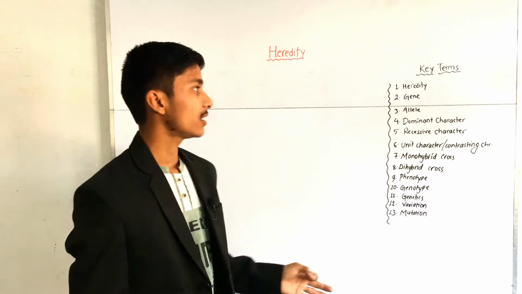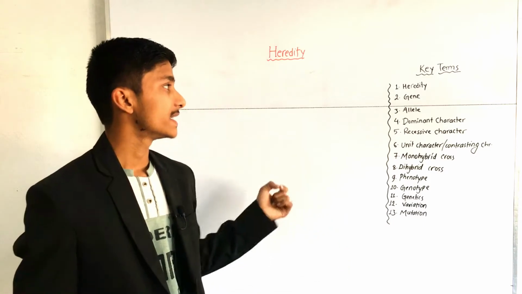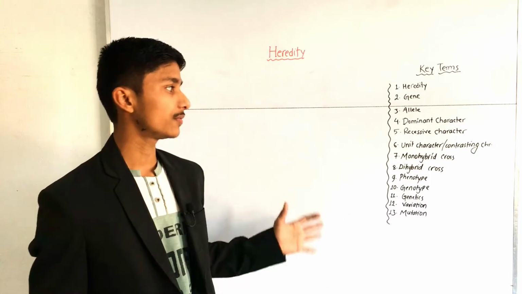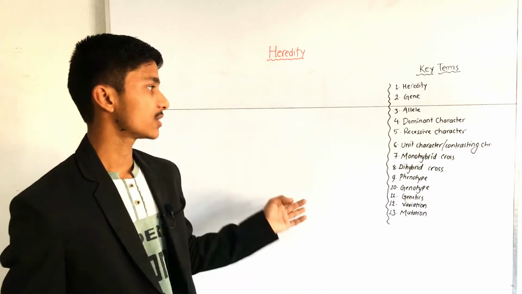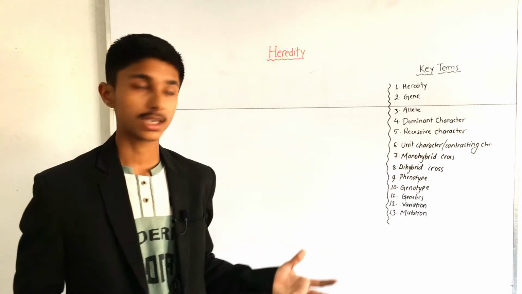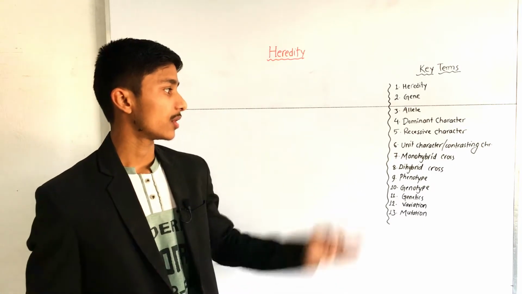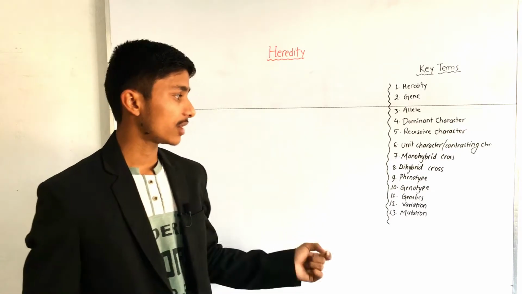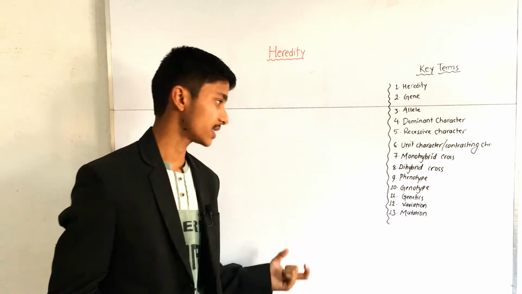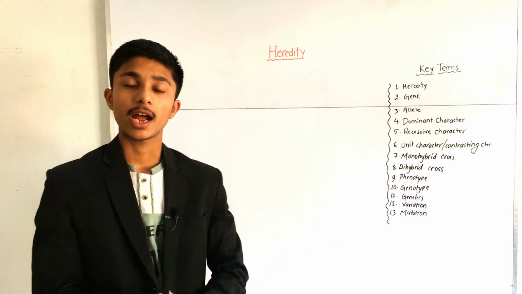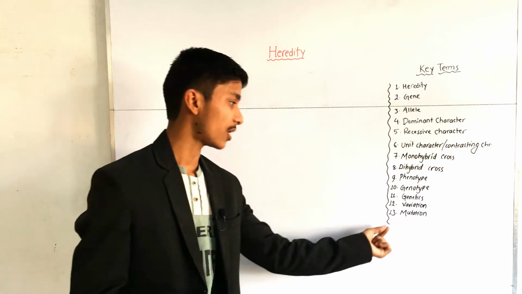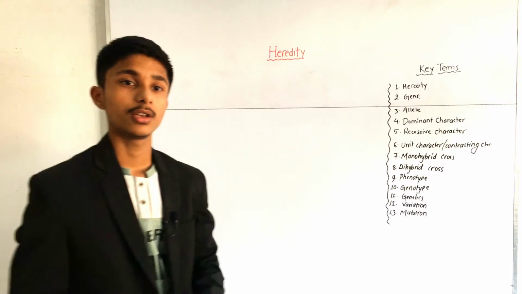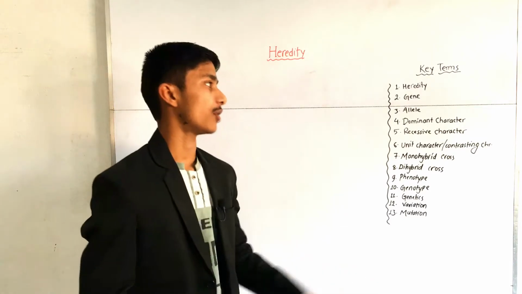The key terms are: first, heredity; second, gene; third, allele; fourth, dominant character; fifth, recessive character; sixth, unit character or contrasting characters; seventh, monohybrid cross; then dihybrid cross, phenotype, genotype, what is genetics, variation, and at last, the 13th topic, mutation. Okay, so let's know about all these topics.